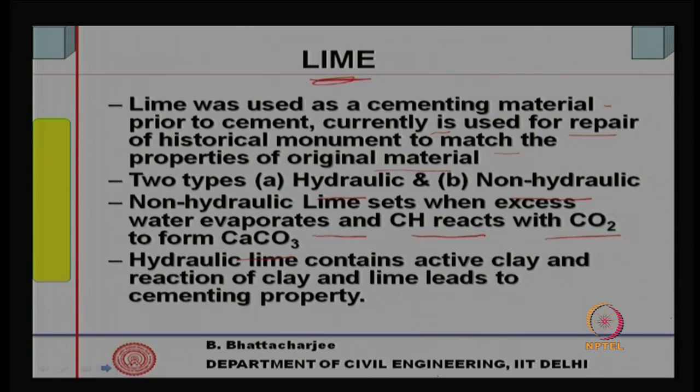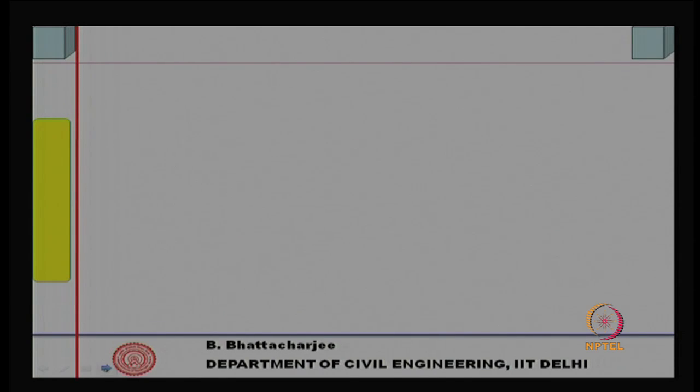Hydraulic lime, on the other hand, has active clay, and the reaction of lime with clay leads to cementing property. Now, this is what has been used for many years.